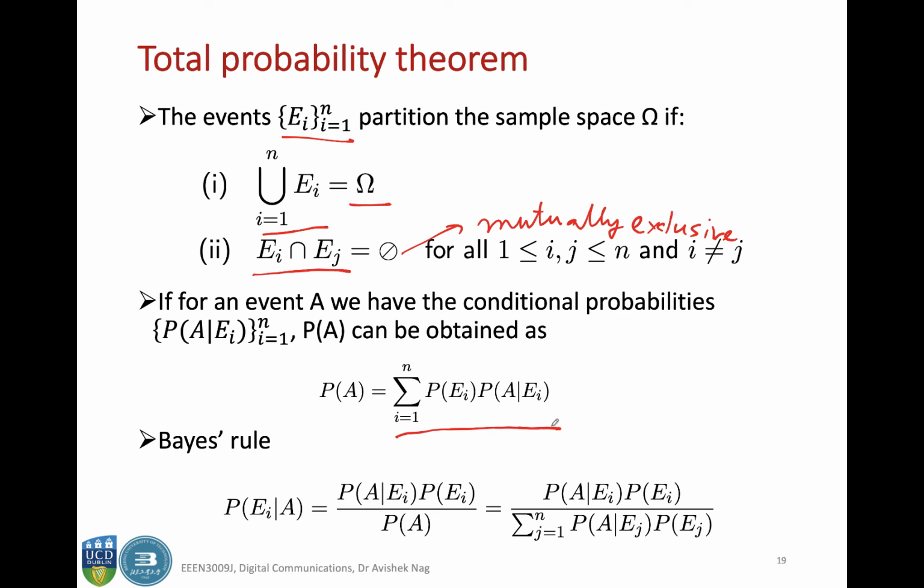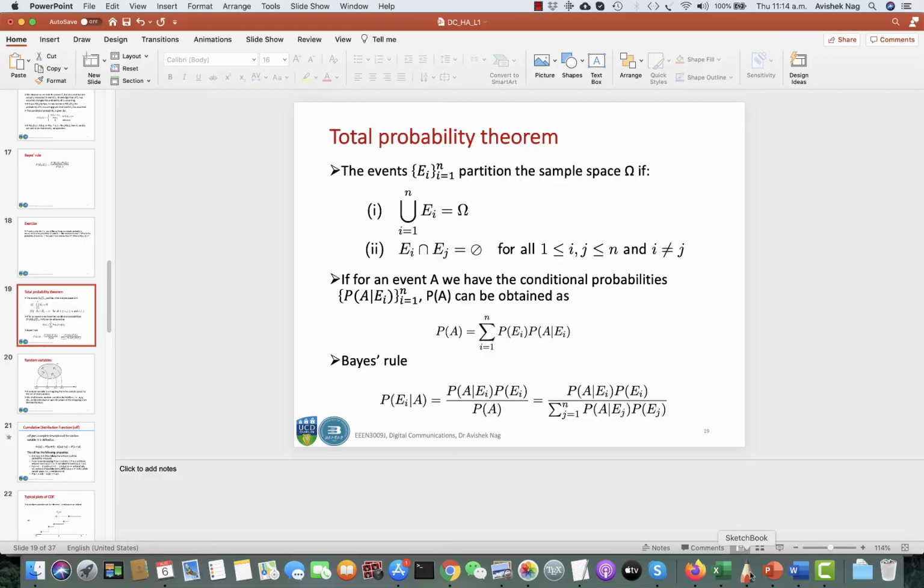P(A) is basically the sum from 1 to n of probability of Ei times probability of A given Ei, and this can be easily demonstrated. Let me show you.